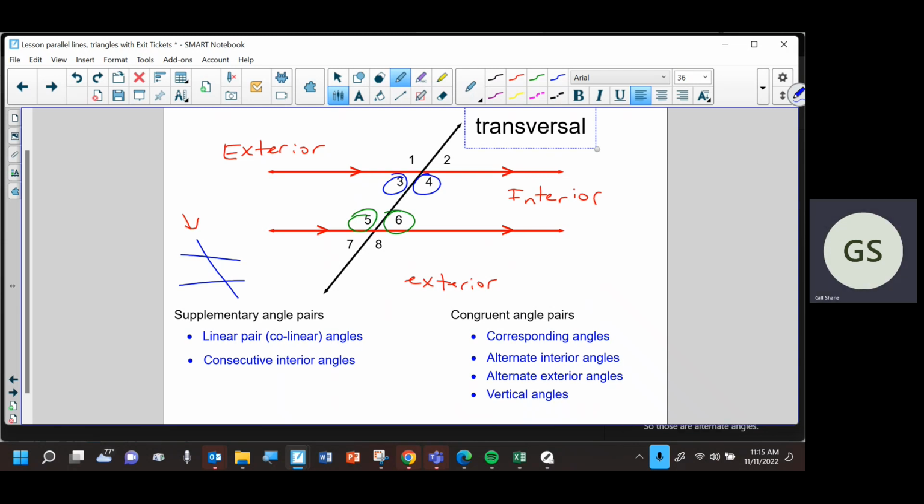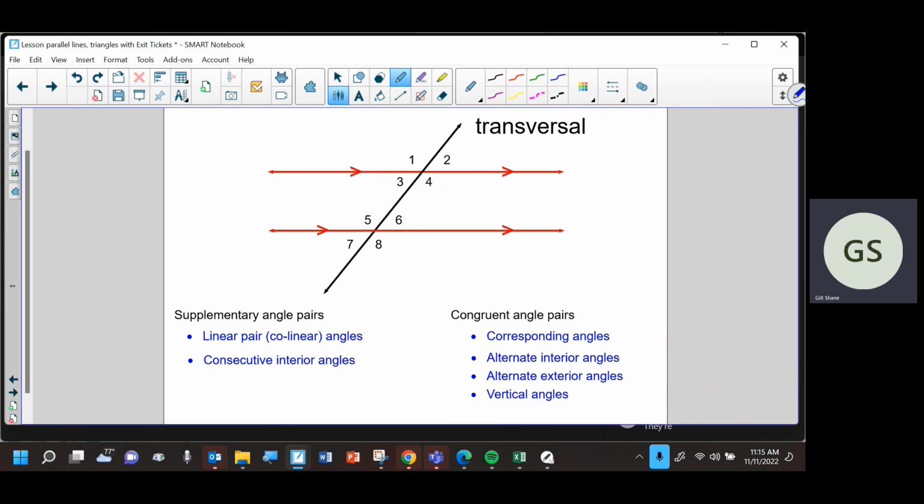Now, here's the thing. We need to now merge that concept with either interior or exterior to come up with what those two terms mean. So, Leslie, you tell me now two angles that are alternate angles, but they're also interior angles. They're both.